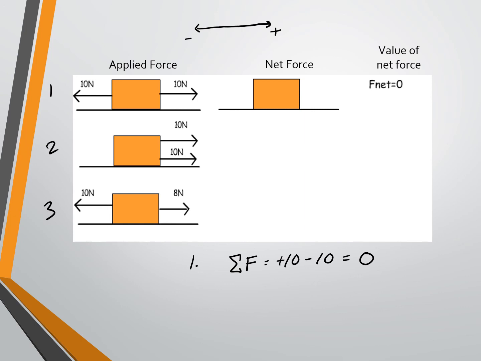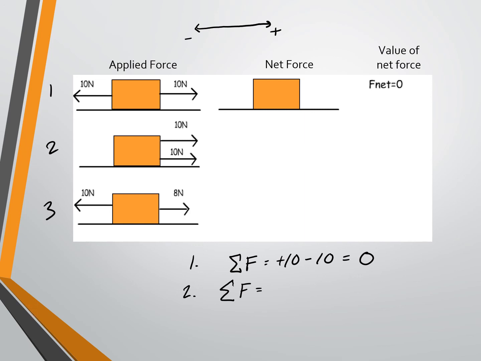Okay, so let's look at the second box. I need to add up all of my forces. If I look at my box, I have 2 arrows pointing to the right, so they're both going to be positive. I have nothing pointing to the left, and they both have a value of 10.